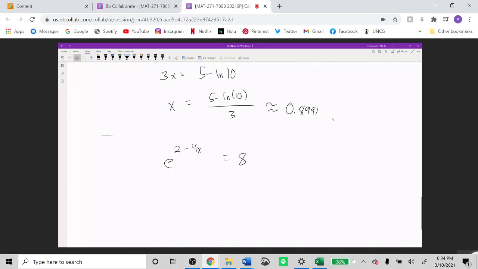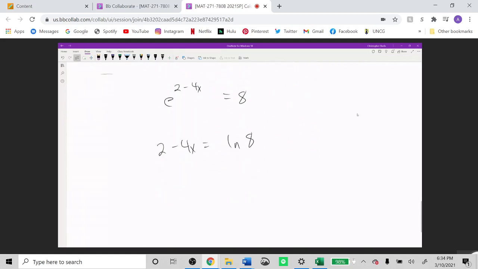Okay, so we take the natural log of both sides, which gives us this. A little bit of rearranging gives us 4x equals 2 minus natural log 8. Correct. So x equals 2 minus ln 8 over 4.